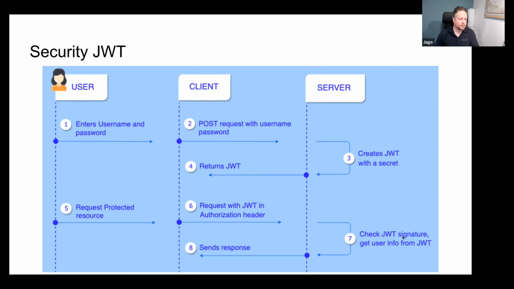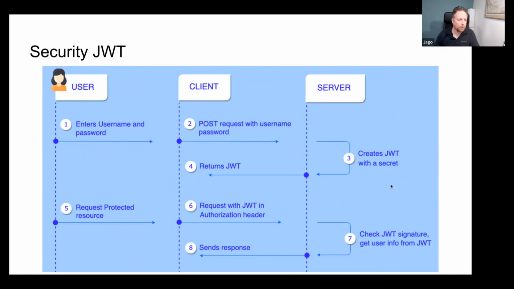Then the server checks that JWT token that had been sent with the request. When it's successfully decrypted and verified, then it's okay. And then it sends a response back accordingly. That means that it doesn't have to check if the username and passwords are correct.